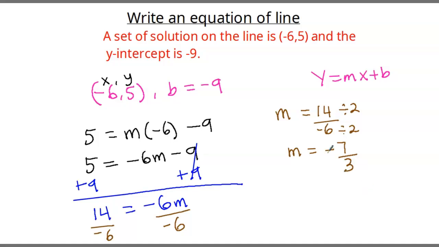This is how far we can go. This is a proper fraction. So we get y = -7/3 x, and our y-intercept was -9, so y = -7/3 x - 9. And we are done.